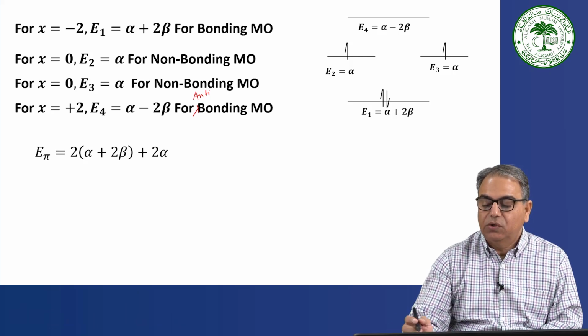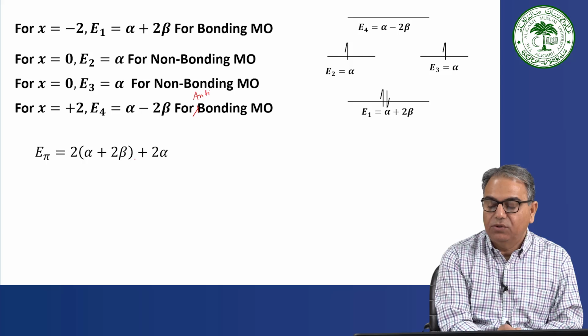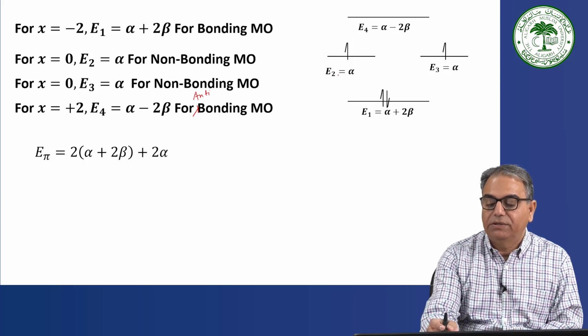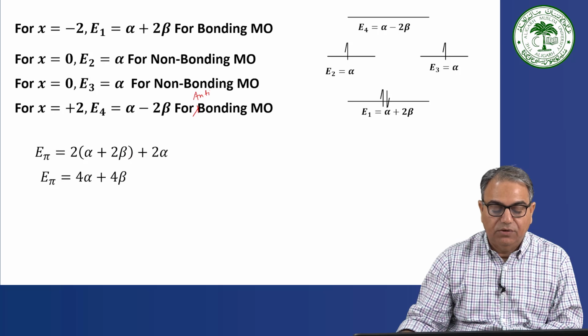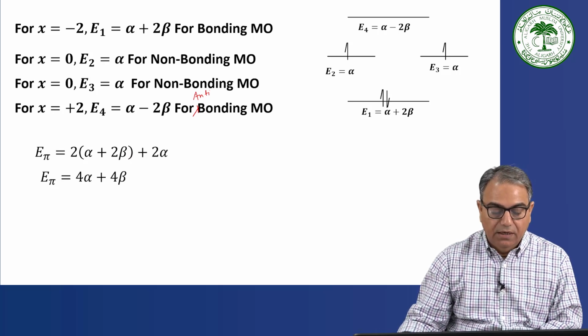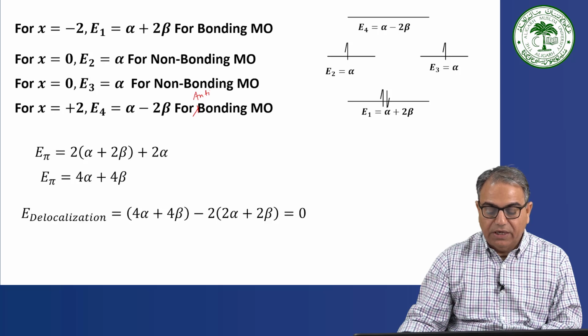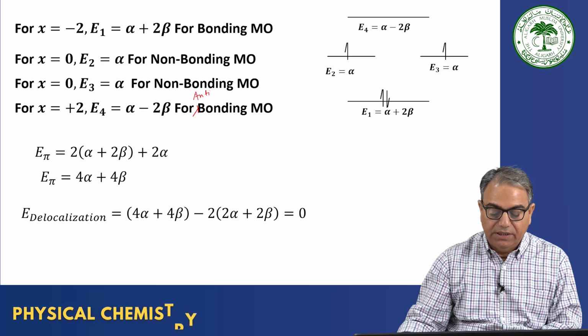If you calculate the energy E pi of these pi electrons, what will you get? 2 electrons are in E1, so 2 into alpha plus 2 beta, and plus 2 alpha, because here this is also alpha, this is also alpha. So the total energy E pi is equal to 4 alpha plus 4 beta. Now, if you calculate the delocalization energy here, it is 0. You do not get a delocalization energy.